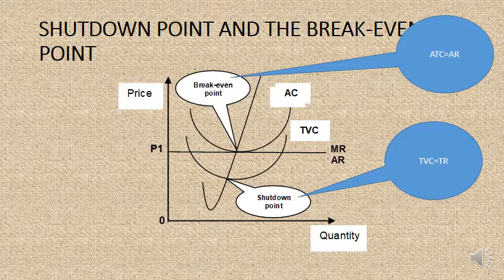It will be shaped the same as an average cost curve, except it will be labeled VC for variable costs or TVC for total variable costs. And where your total variable costs are equal to your total revenue, that is where your shutdown point is.